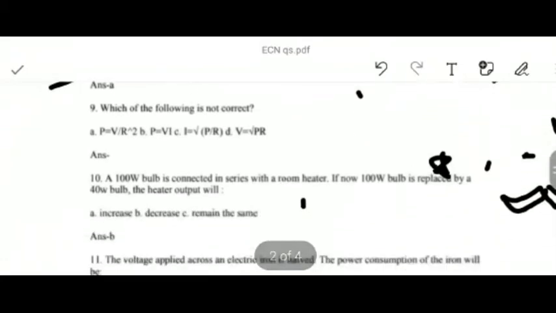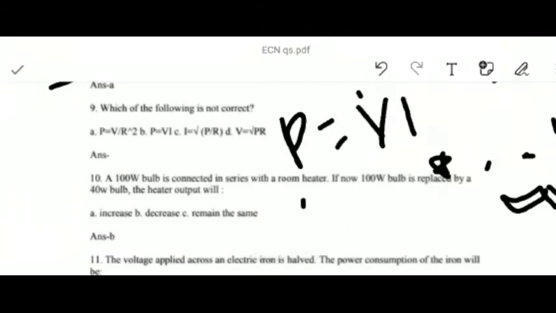Now in the 9th question, which of the following is not correct? We should know that P equals VI.